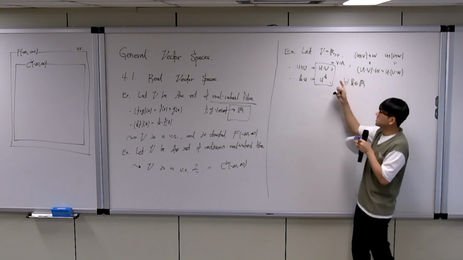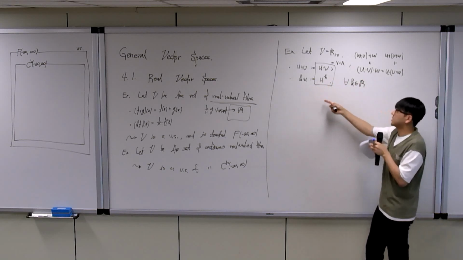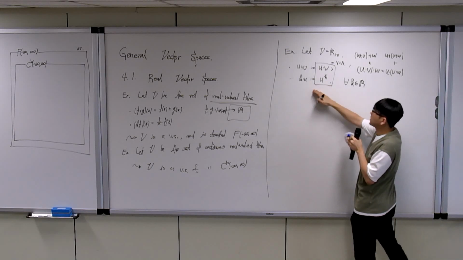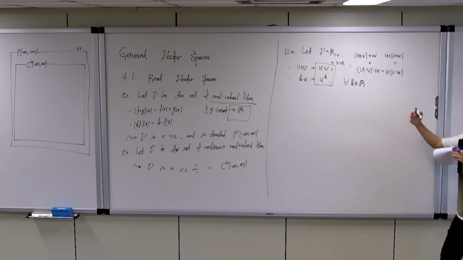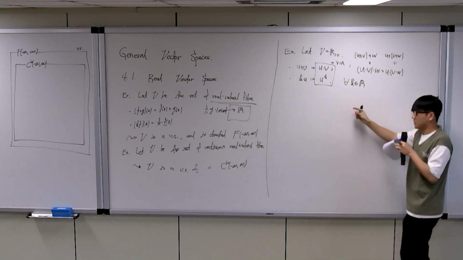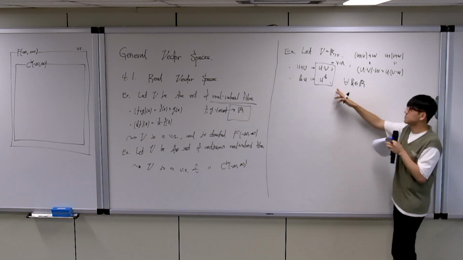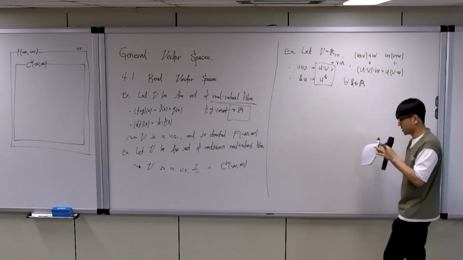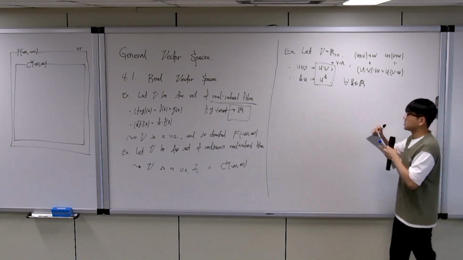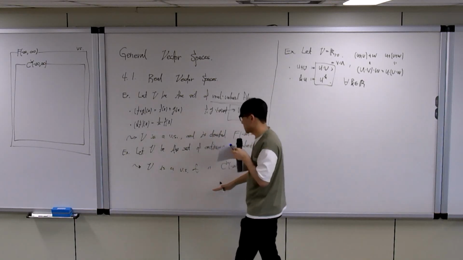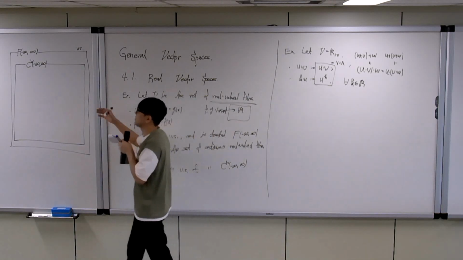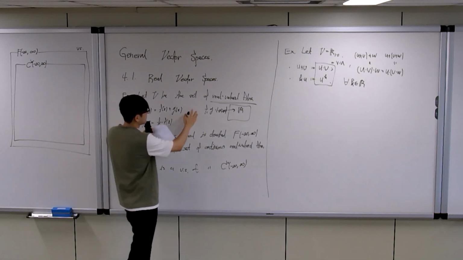If you check the action of scalar multiplication also, then it will satisfy the distributive rule and the associative rule. I think you can check it easily.